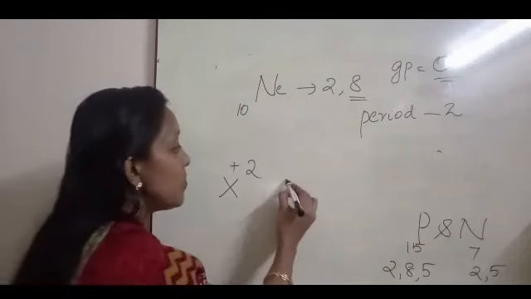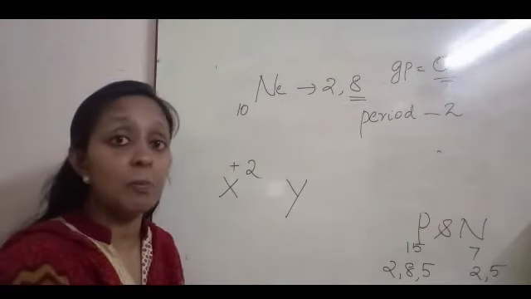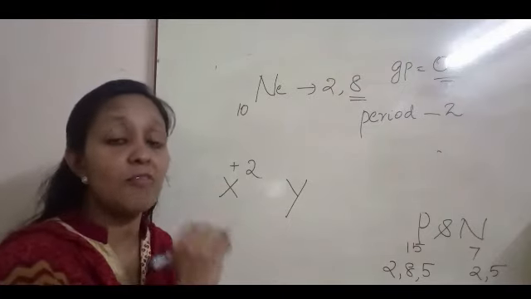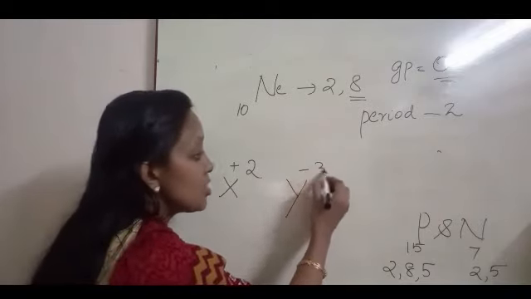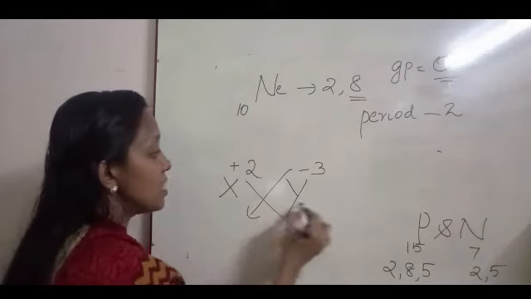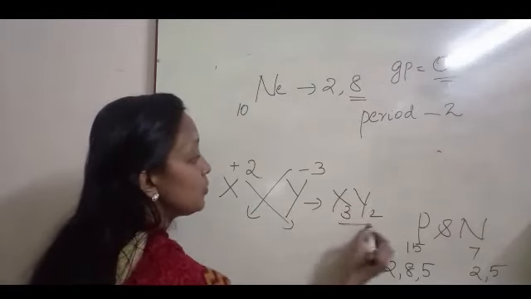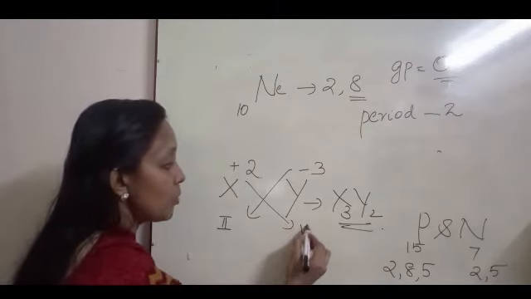I am going to name that element as Y. If it is a member of group number 5A, its valency will be minus 3. Just now we have seen minus 3. So, after exchange of valency, we get the formula as X3Y2. X is a member of group number 2 and Y is a member of group number 5.